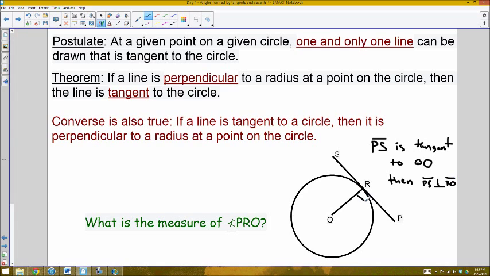So it must be true that these two segments are perpendicular to each other. So if I have a tangent, I know that they form right angles, or that they're perpendicular.